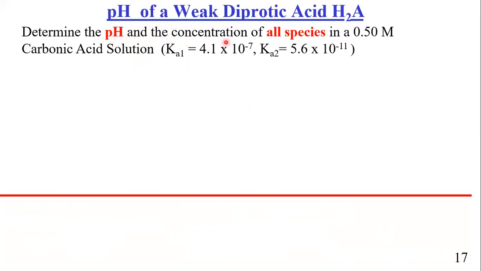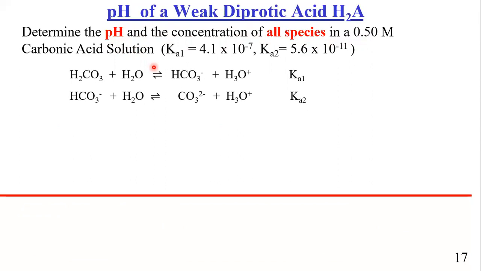Let's look at the pH and the concentration of all species in a 0.5 molar carbonic acid. If you're lucky enough, you'd know what carbonic acid is, and in our course, we will give it to you. It's H2CO3. So frankly, you should know it.